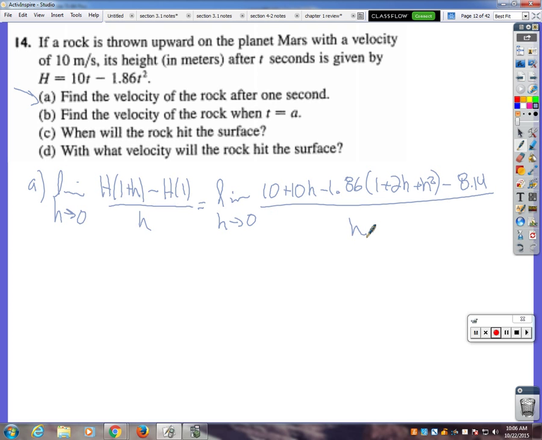Yeah, I was going to say, I'm slowly doing the next step. Alright, so that's the limit as h approaches 0 of, I have to distribute that negative 1.86.